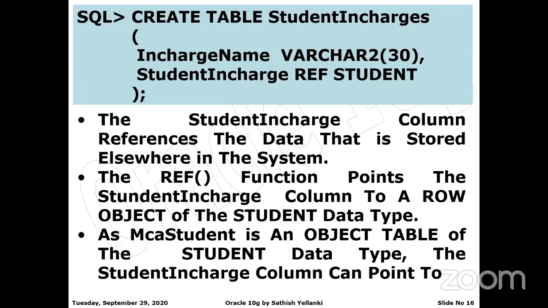In MBA students, we directly declared a data type without using this ref. Yesterday, we never had this ref in MBA student. If you don't declare this ref, it becomes an object column.